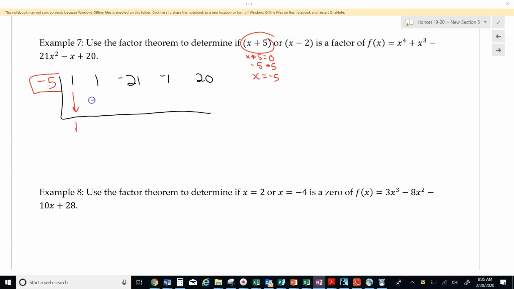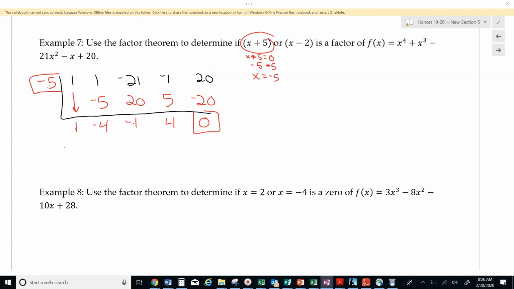Negative 5 times 1 is negative 5. 1 minus 5 is negative 4. Negative 5 times negative 4 is 20. Negative 1. Negative 5 times negative 1 is positive 5, which gives me 4. Negative 5 times 4 is negative 20.